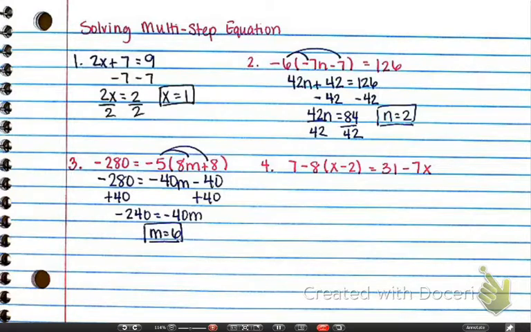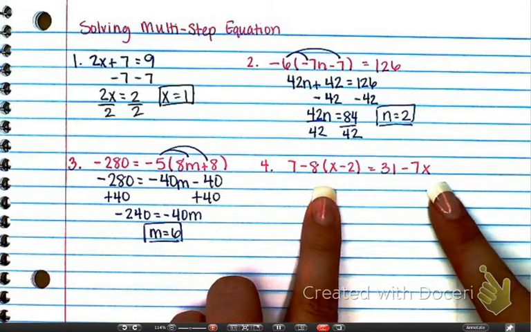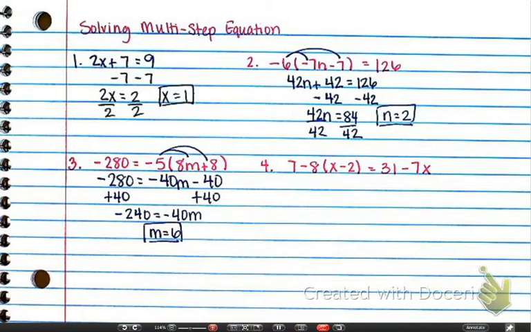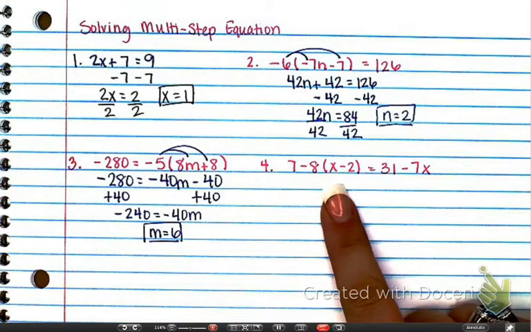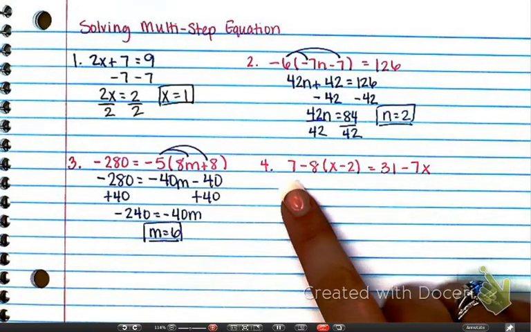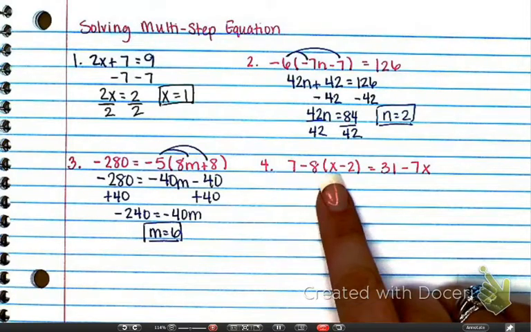What's the additional piece with this problem that we're going to have to deal with? Okay, there's a variable on both sides, so that's different. What else? So we have to distribute, but do you notice the 7 out here? What is that going to do for us? We have to solve that first and then distribute that number.